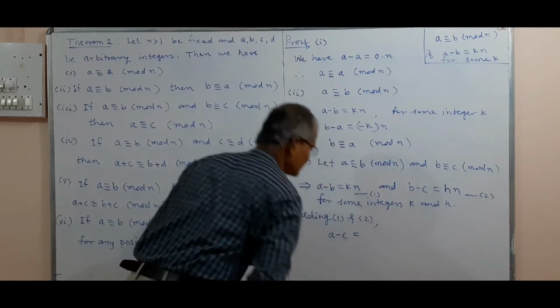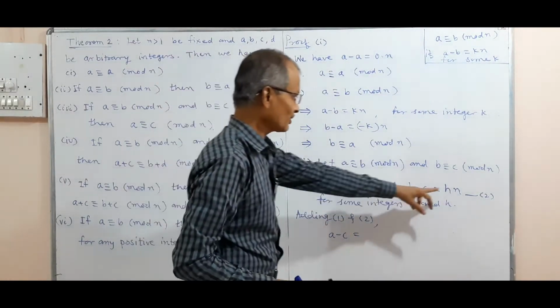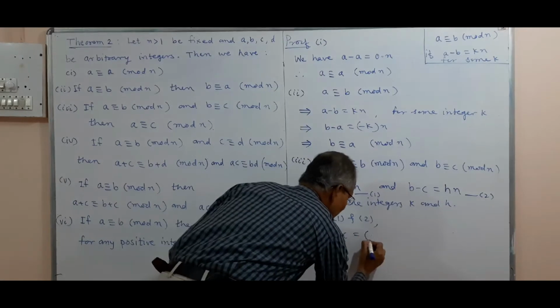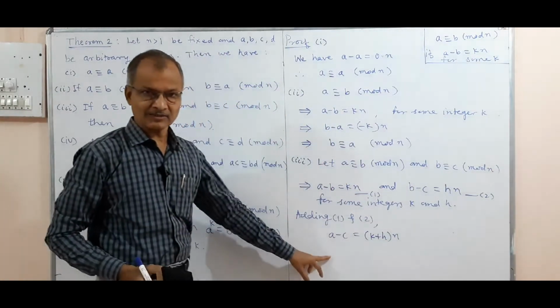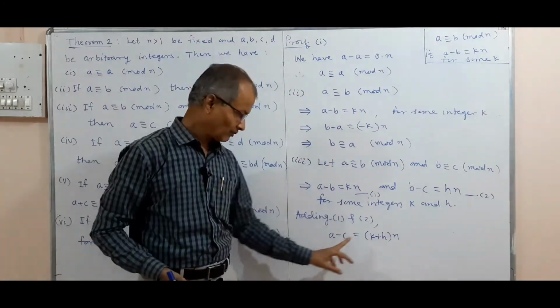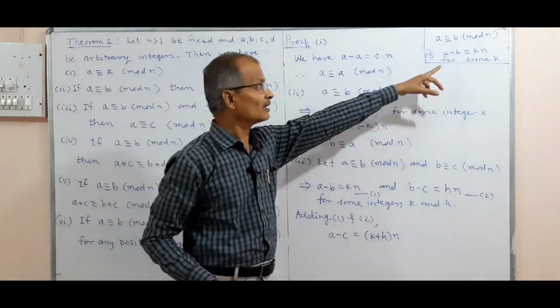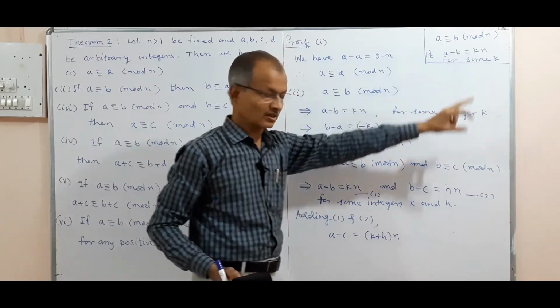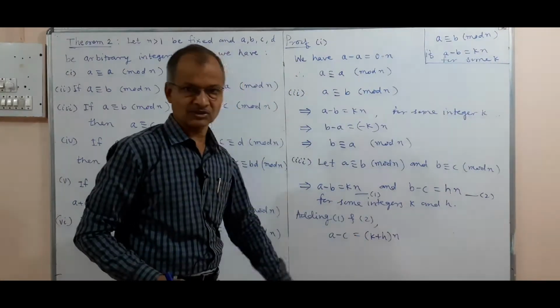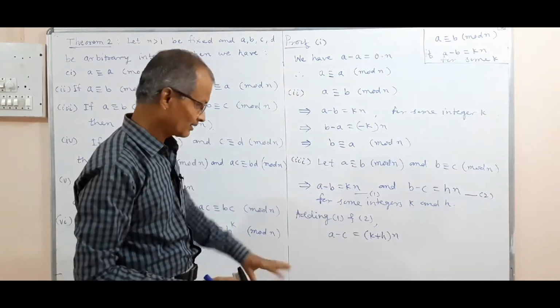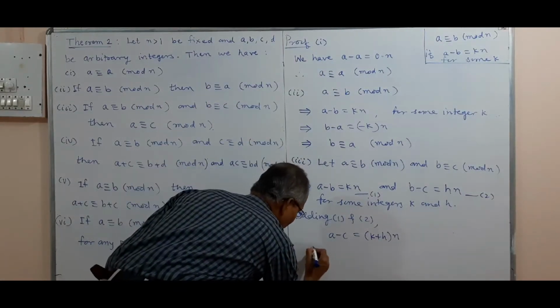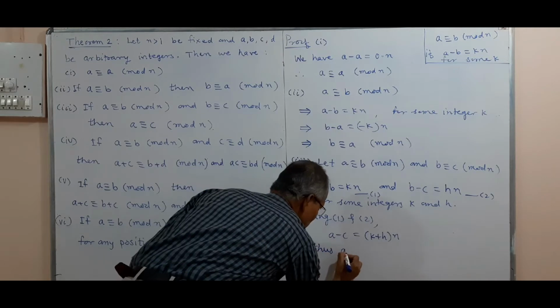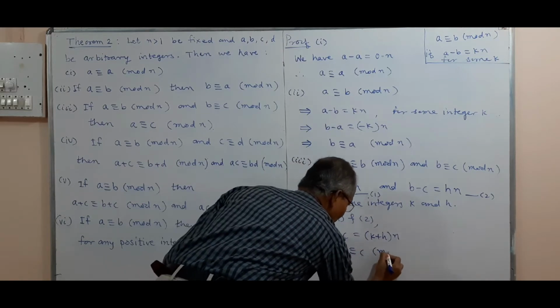The right side is kn plus hn, that means k plus h times n, and this shows that a minus c is a multiple of n. Instead of k, here is k plus h, which is an integer. Therefore, a and c are congruent by the definition, and thus a is congruent to c modulo n.